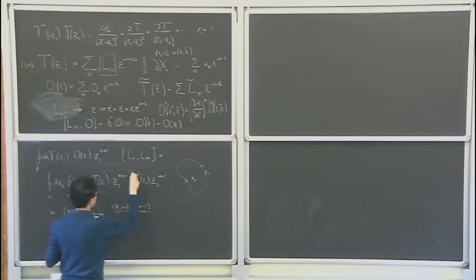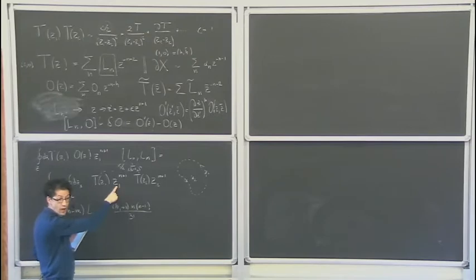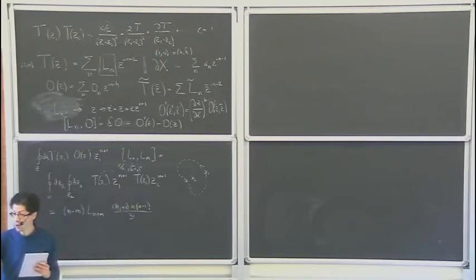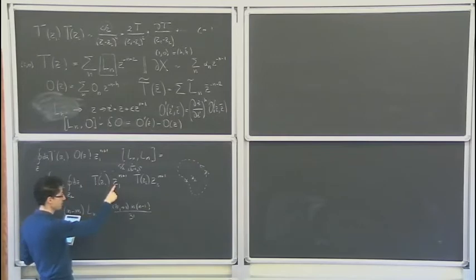This guy becomes c over 2, 1 over (z1 minus z2) to the fourth, right? And now I have to expand this z1 in Taylor around z2. So I have a constant term, a term that goes like z1 minus z2, z1 minus z2 squared. I have to look at the terms that go like (z1 minus z2) cubed, which is the third derivative of this. The third derivative of this is that.